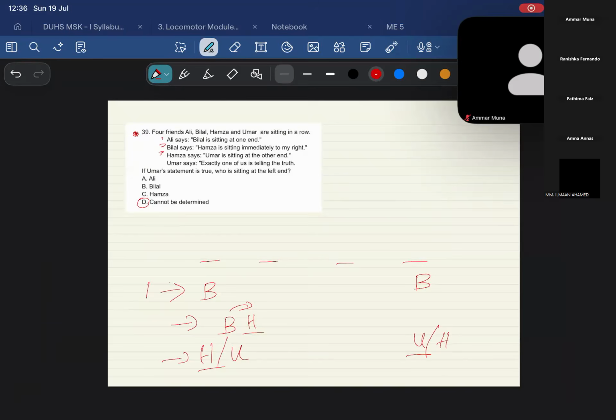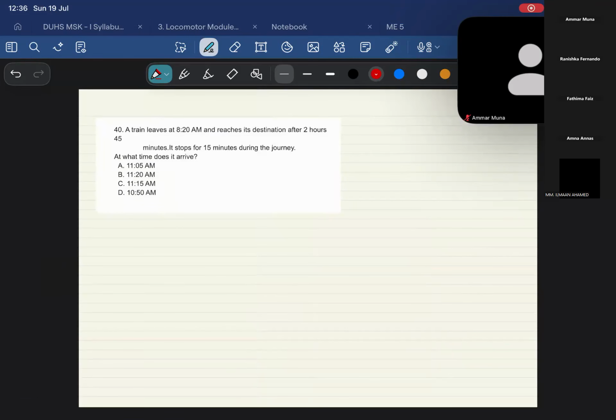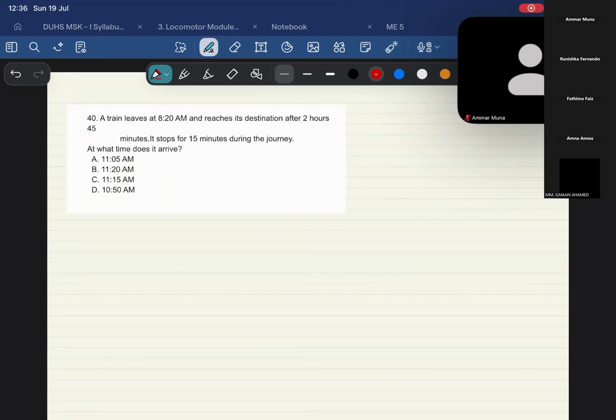All right, so let's move on to our final question of the day from the analytical reasoning part. A train leaves at 8:20 a.m. and reaches its destination after 2 hours and 45 minutes. It stops for 15 minutes during the journey. So the train leaves the station at 8:20 a.m. and reaches its destination after 2 hours and 45 minutes, right?